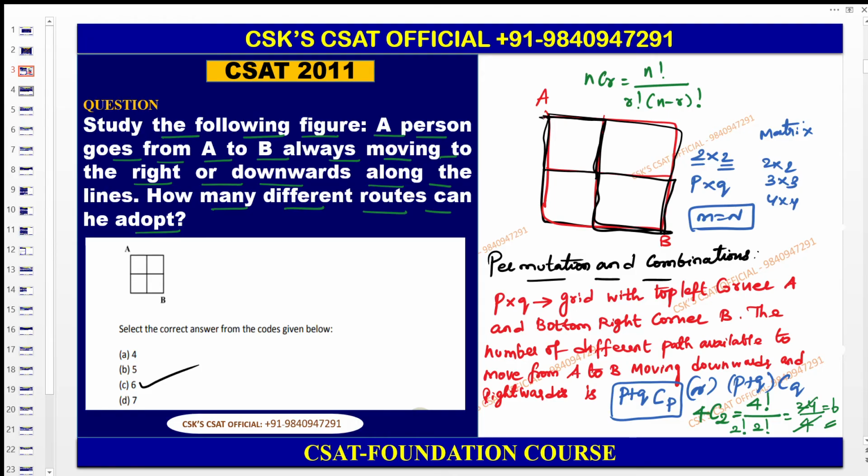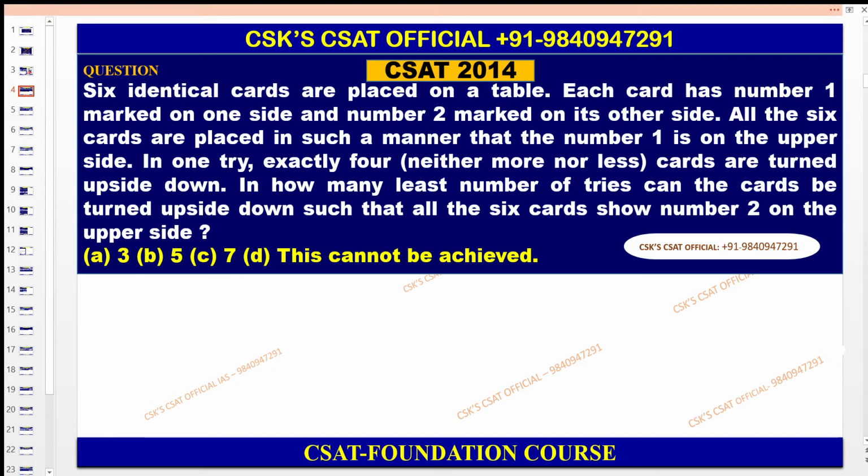Now let us move on to the next problem. 6 identical cards are placed on a table. Each card has a number 1 marked on one side, and on the back side it is marked as 2.